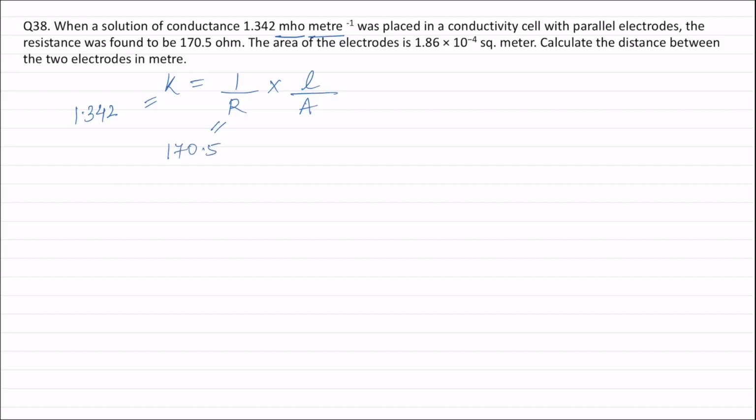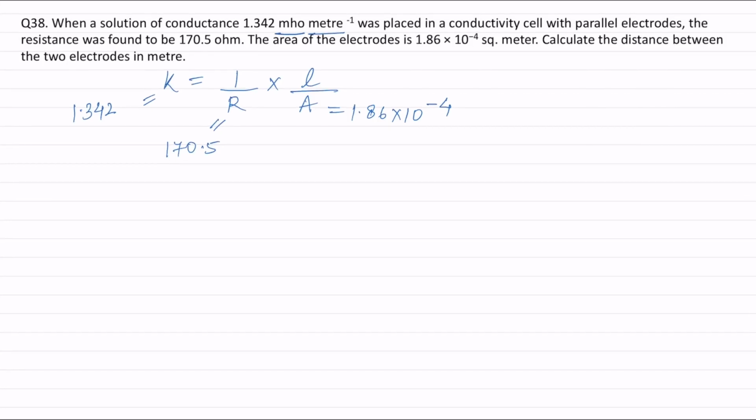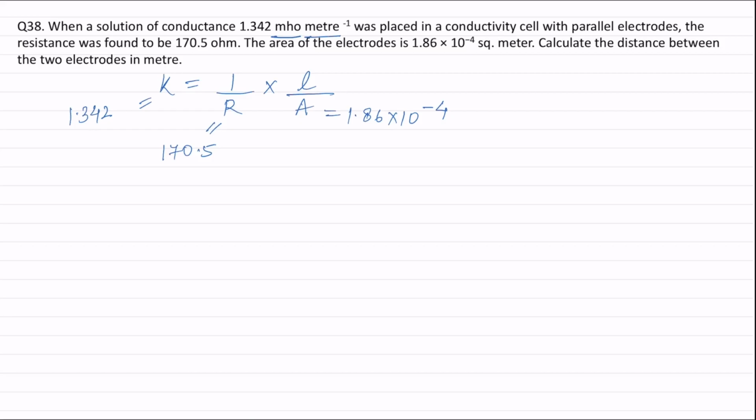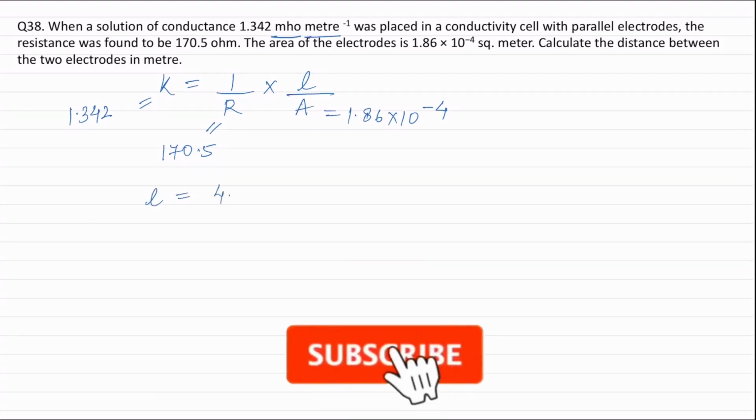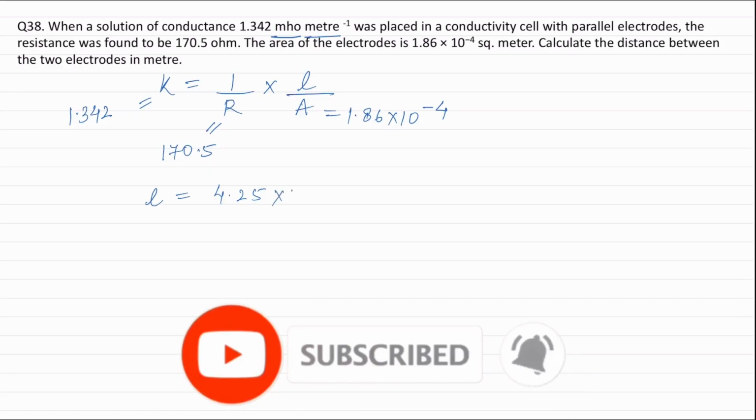The area of the electrodes is equal to 1.86 into 10 to the power minus 4 square meter. Putting all these values and solving the equation, the value of distance between the two electrodes, that is the value of L, is equal to 4.25 into 10 to the power minus 2 meter.